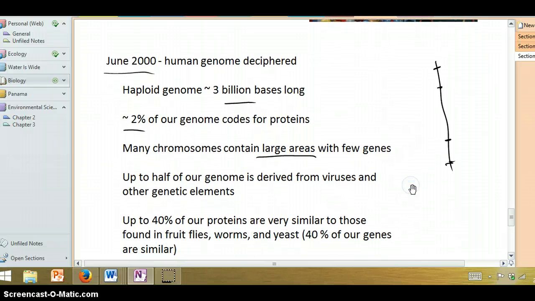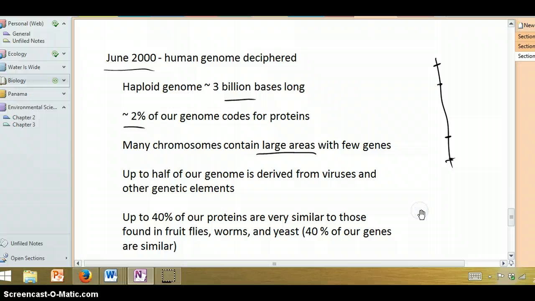By comparing our genomes to other organisms, we have found that a good chunk of our genome is derived from viruses and other sources. This might be surprising, but of course viruses have been around as long as other living things have been around, and viruses survive and reproduce by injecting their DNA into some host organism, into the cells of that host.